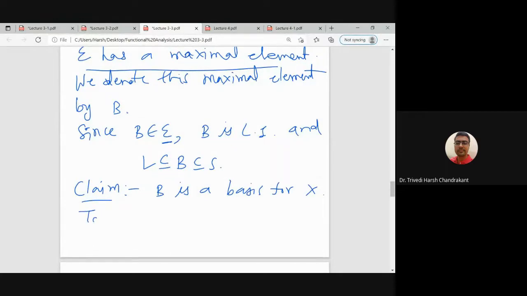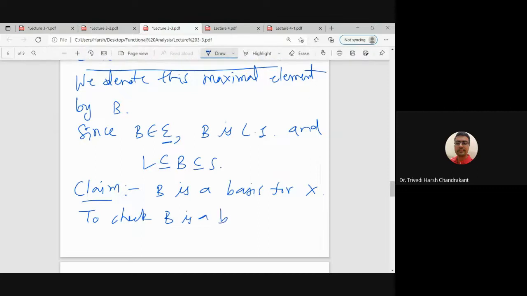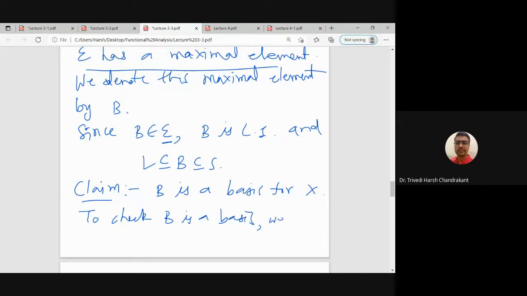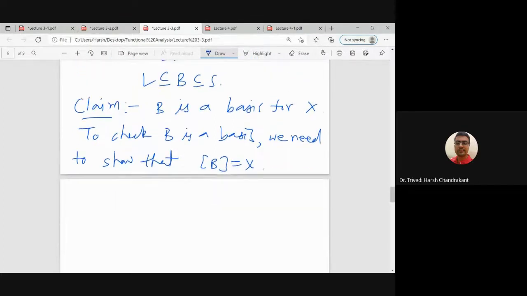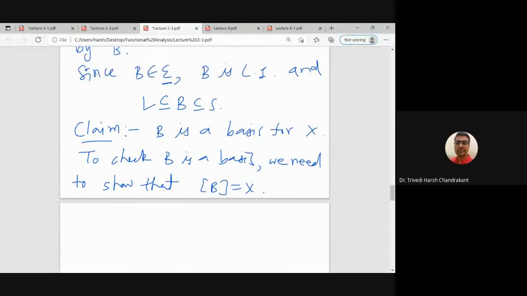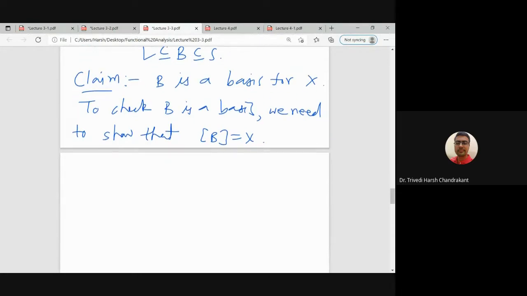So to check B is a basis, we need to show that B is a spanning subset of X, right? This is the only thing we need to check because we already got that B is Li.